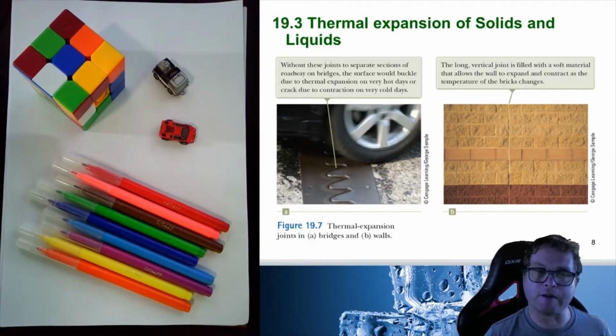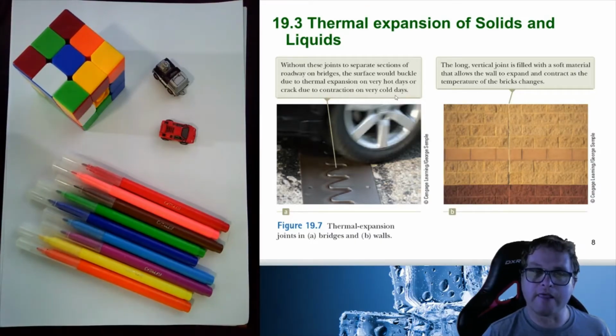When people build roads, they need to leave these gaps in the road, or joints that allow for expansion and contraction on hot days. Without these joints to separate sections of roadways on bridges, the surfaces would buckle due to the thermal expansions on very hot days, or they would contract and crack on very cold days.